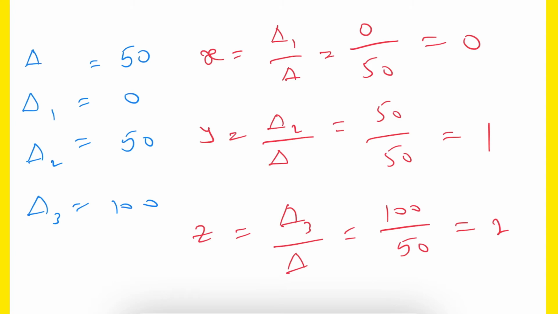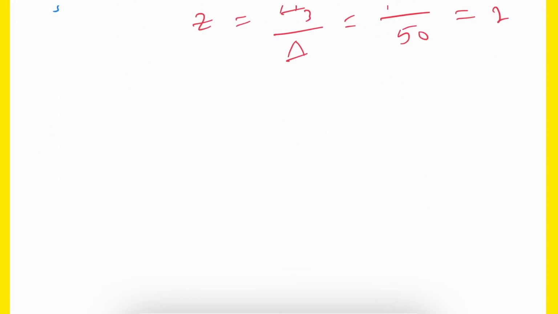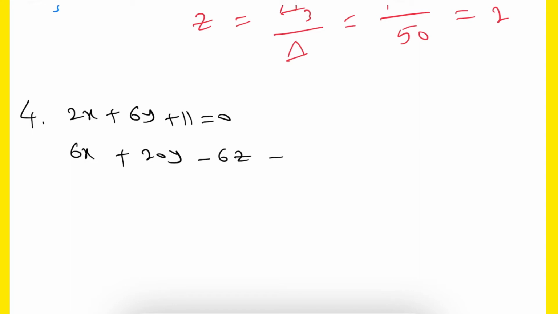Okay, let us move to the fourth question. The fourth question we have is 2x plus 6y plus 11 equals to 0, 6x plus 20y minus 6z plus 3 equals to 0, then last will be 6y minus 18z plus 1 equals to 0.